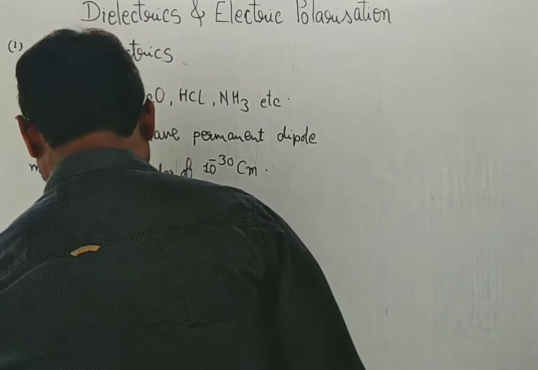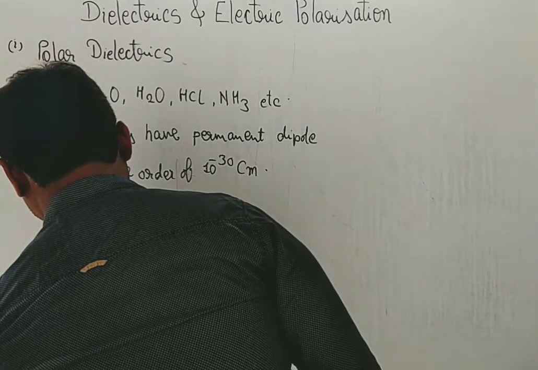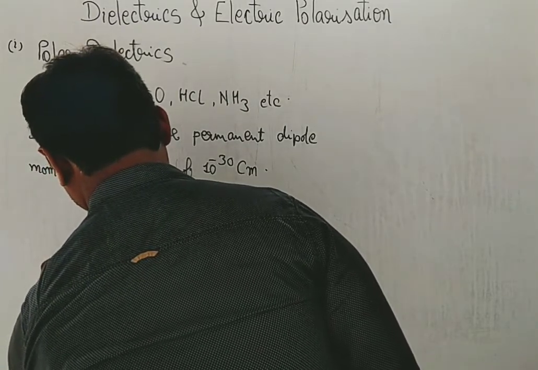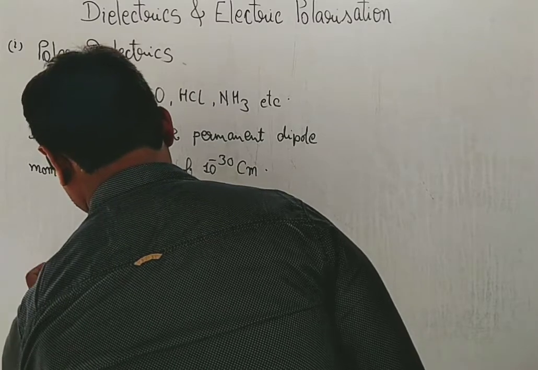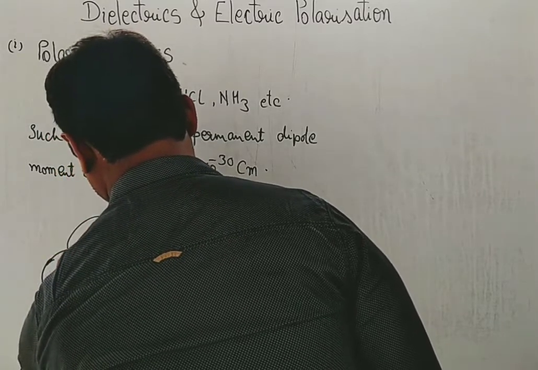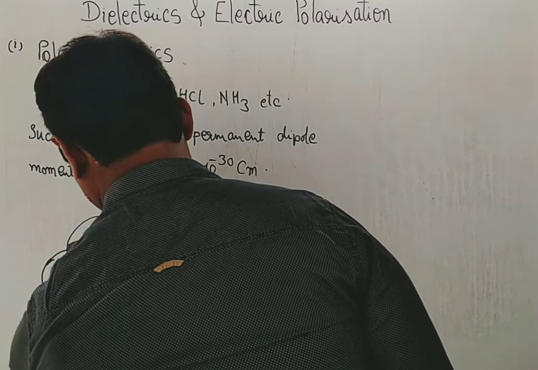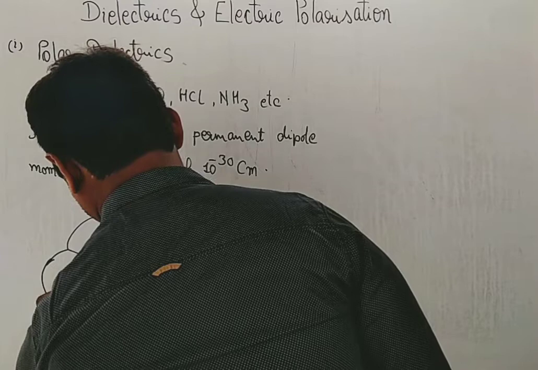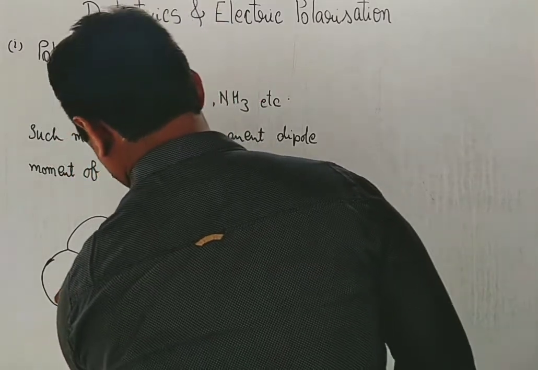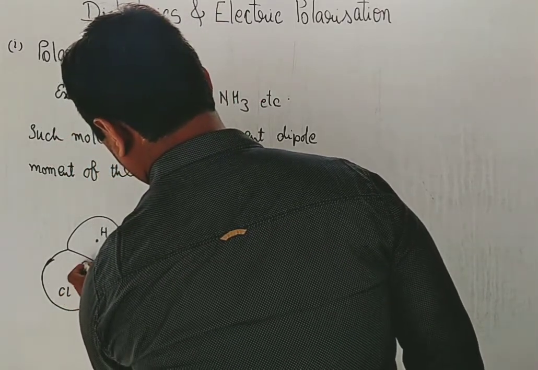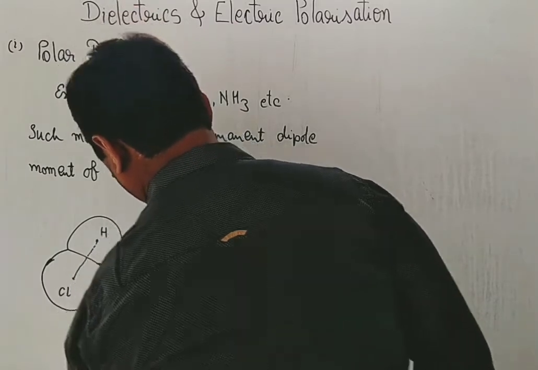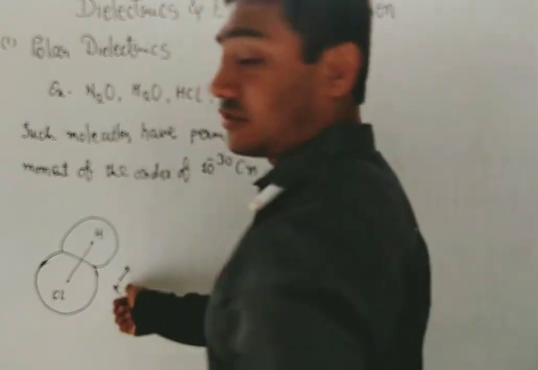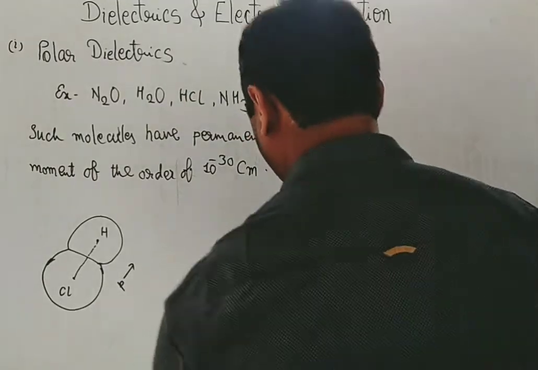So here let me just draw the picture of how that looks. This is basically your H and this is Cl, having this much separation between the center of gravity of H and Cl, that is positive and negative, and this is the electric dipole moment direction here.